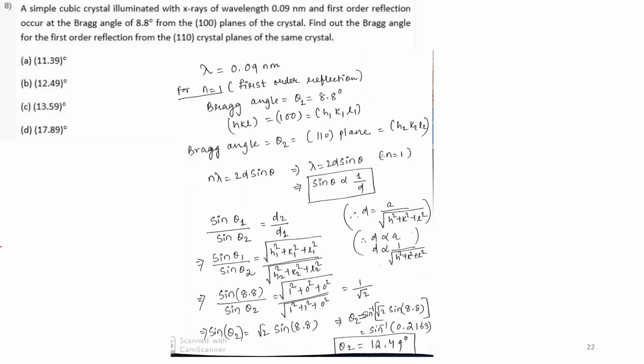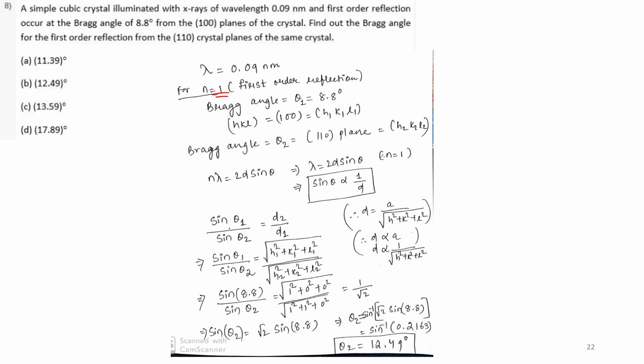The wavelength lambda is already given. It is first order reflection, so n is equal to 1, and the Bragg angle theta 1 is equal to 8.8 degree. The plane is 100, and for the 110 plane we write h2 k2 l2 with Bragg angle theta 2. Now we know that n lambda is equal to 2d sin theta. From there, sin theta is proportional to 1 over d.